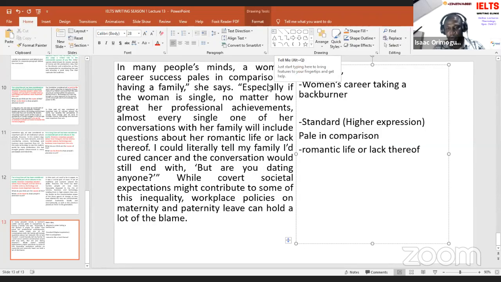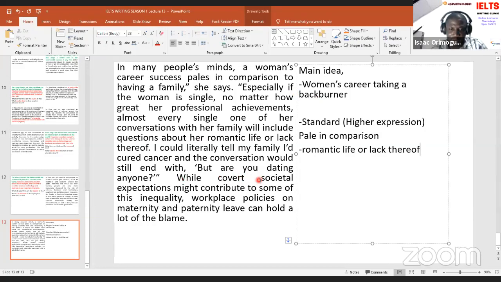I could literally tell my family I will cure cancer and the conversation will still end with, but are you dating anyone? Can you see that the main idea is the fact that women's career should be taking a back burner, that is, should pale in comparison. I use another word to mean pale in comparison here, that should take a back seat.